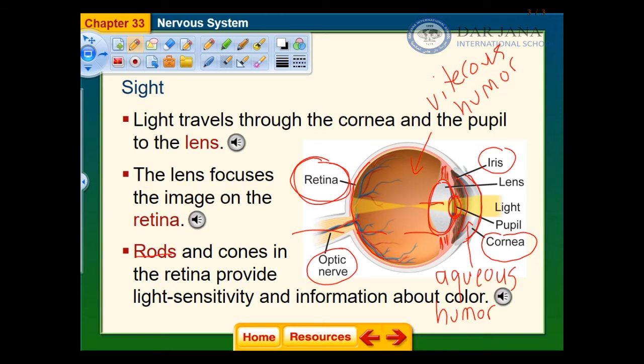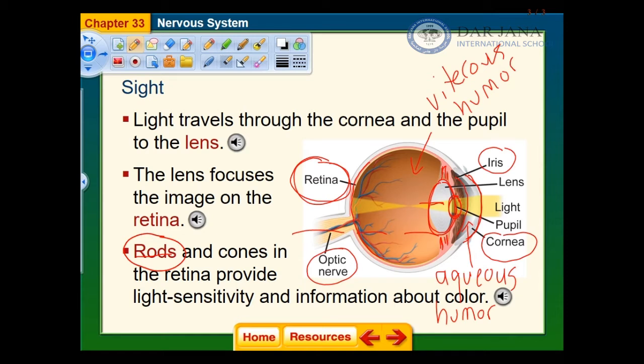They are stimulated by the light and different wavelengths of light. We have two types of cells found in the retina, nerve cells, called the cones and rods. Rods and cones in the retina provide light sensitivity and information regarding the color.